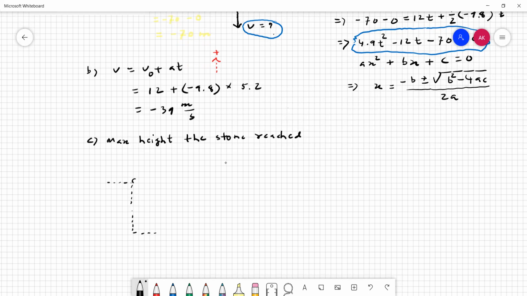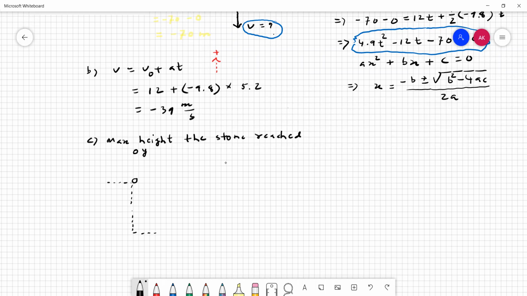That's the top of the cliff. So when it reaches the maximum height, where is the position of the stone? Top or lower than the initial position? Top, right? That's the maximum height. It starts from the top of the cliff, and that will be the maximum.